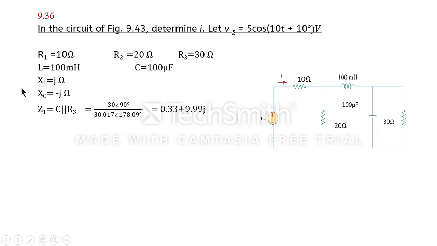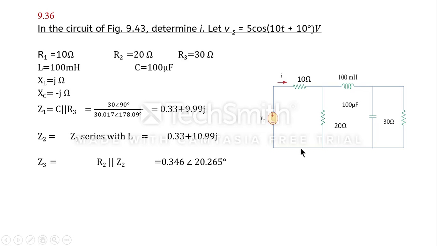So, let's see. Z1 is the parallel combination of the capacitor and the resistor. By the parallel combination, we get an answer of 0.33 plus 9.99j. Then Z1 is in series with the L, which gives a value of 0.33 plus 10.99j, because we just add j to this value.